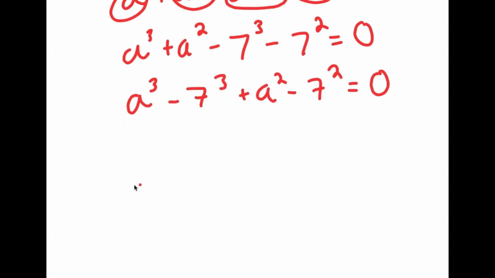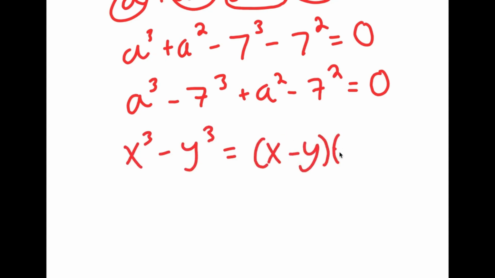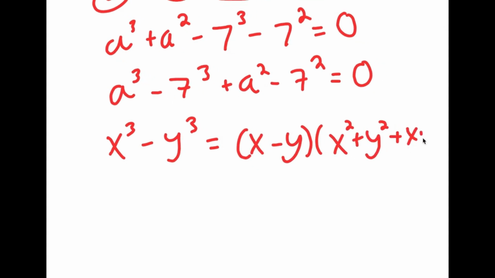Now, here are two properties that we're going to use for this. To start, if I have something in the form x to the power of 3 minus y to the power of 3, this is equal to x minus y times x squared plus y squared plus xy.